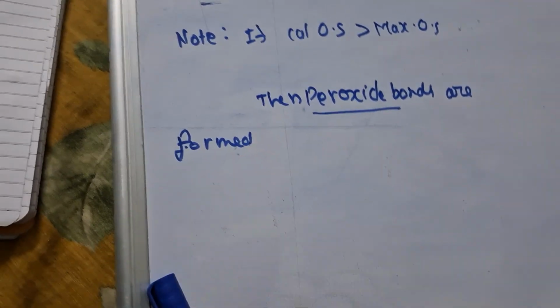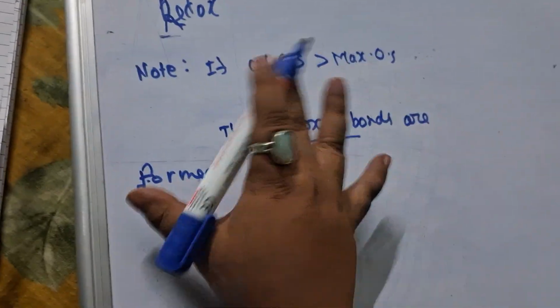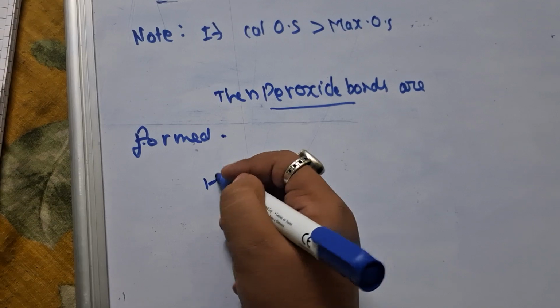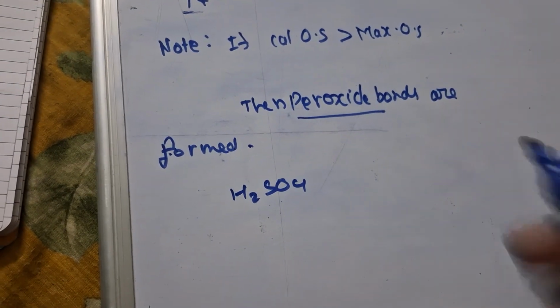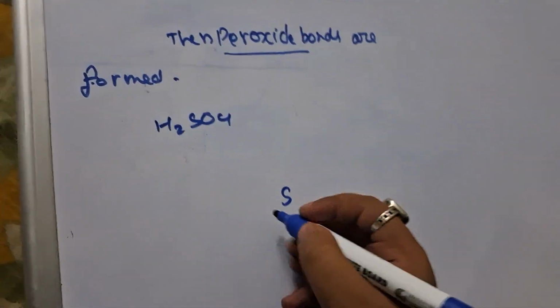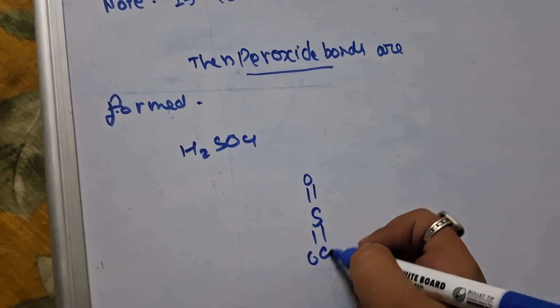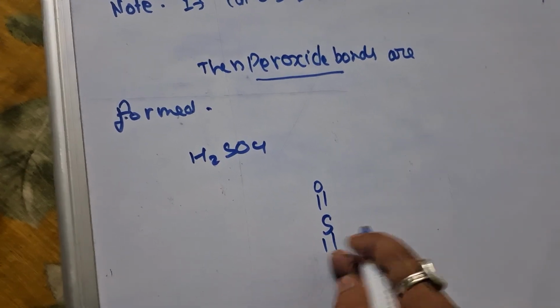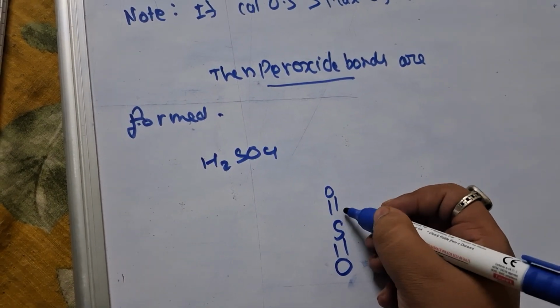Now let's see this note with an example. We took the example of H2SO5. So let's continue with this example. We know that sulfur makes bonds with oxygen like this. Let's make this just like H2SO4. It makes bonds with oxygen like this.